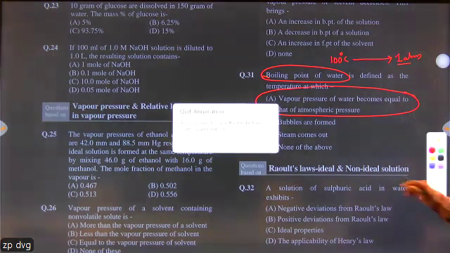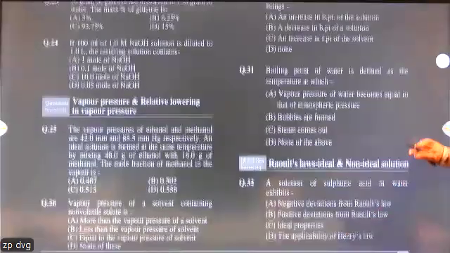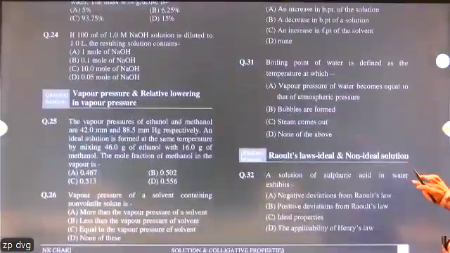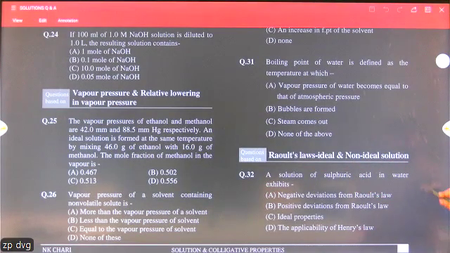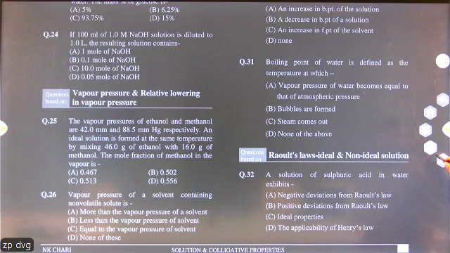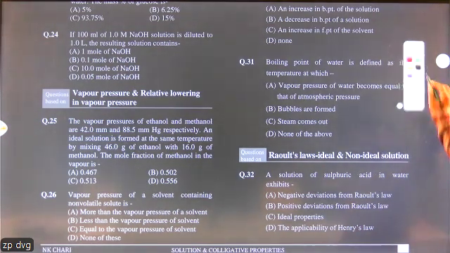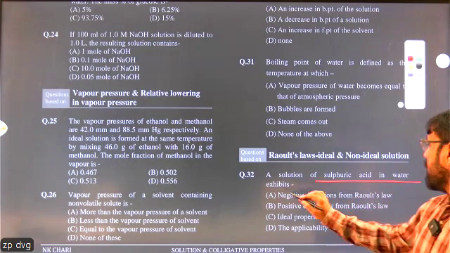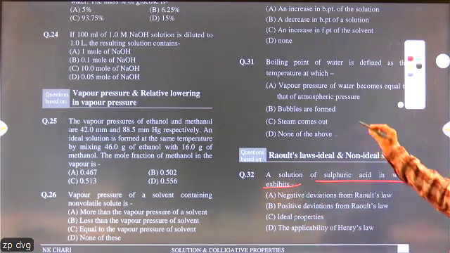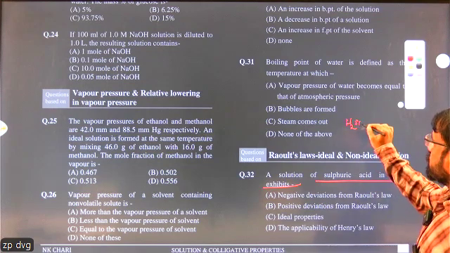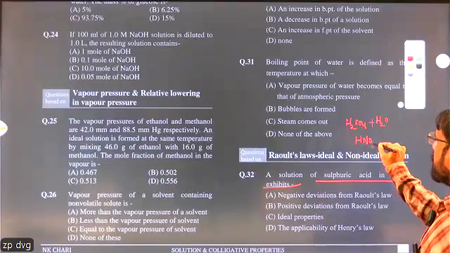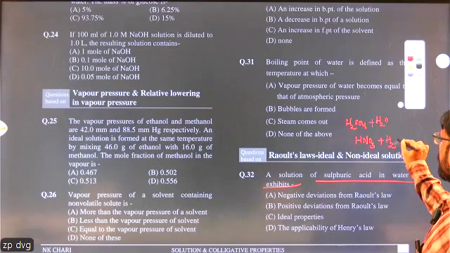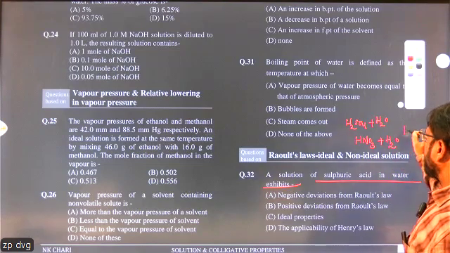Next, question number 32. This question is related to Raoult's law, ideal and non-ideal solutions. A solution of sulfuric acid in water exhibits, say, H2SO4 plus water, HNO3 and water, HCl plus water.